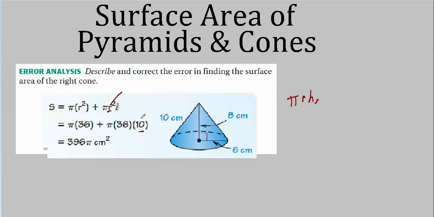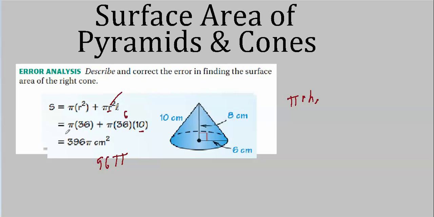So this is 36 pi, and this should be a 6, so this would be 60 pi. And this whole thing should end up being 96 pi, not 396 pi.